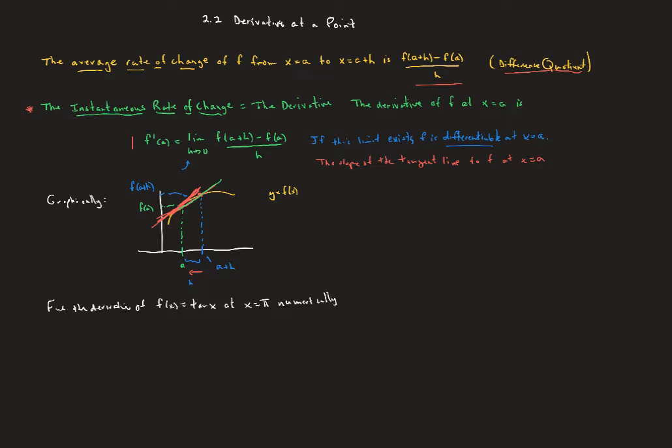We'll learn that our calculator has a way of doing this. So according to our definition, we're going to take tangent of a, which is pi, plus h, and we're going to have to decide what we're going to use for h here, minus tangent of pi all over h.